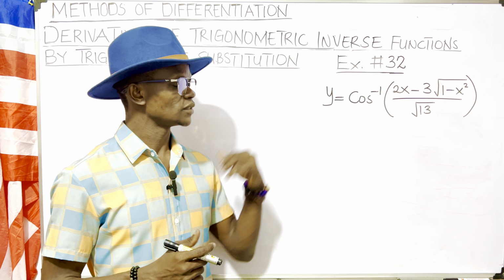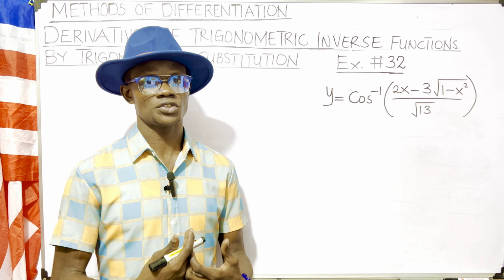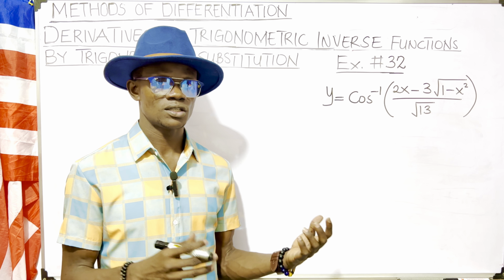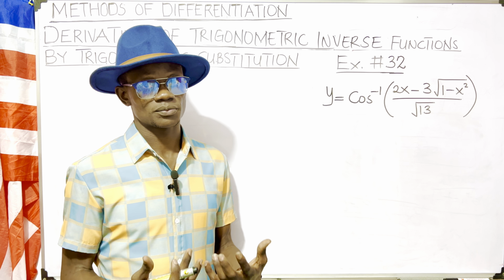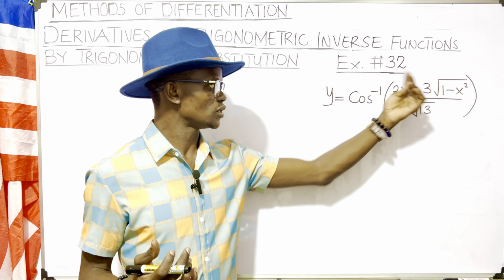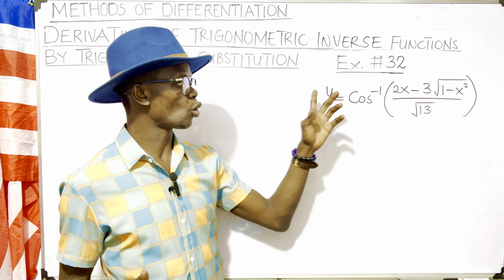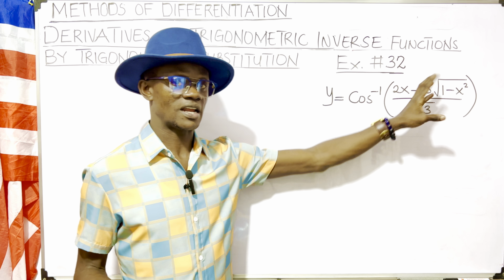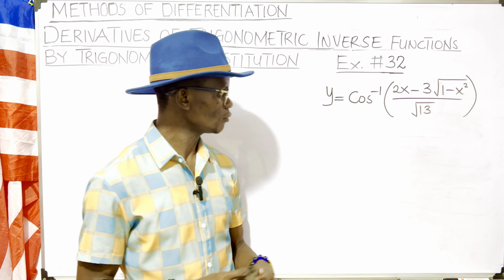Then you can easily substitute, because you have to know what to substitute so that you arrive at your desired result. Our objective here is to ensure that what is within this angle turns into cosine, so that cos inverse of cos of an angle equals that angle. It makes it simple for us to do.